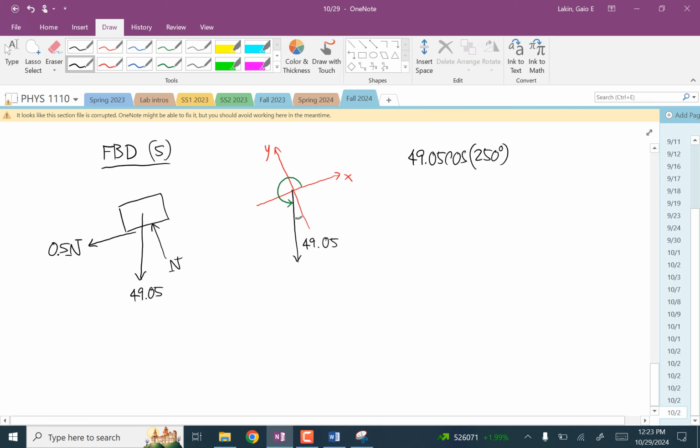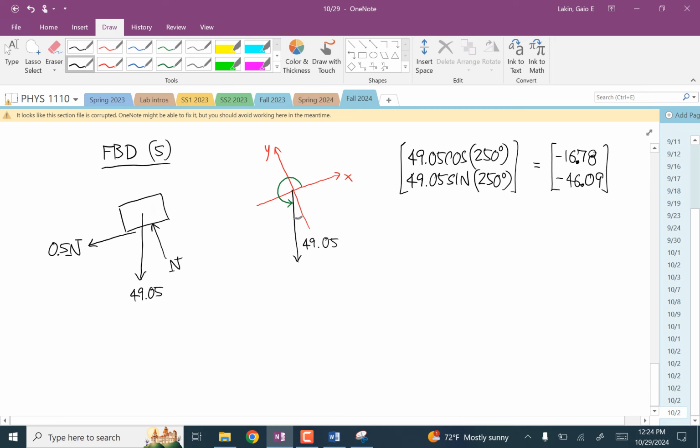So 49.05 times cosine of 250, and 49.05 times the sine of 250. So I got negative 16.78 and negative 46.09.